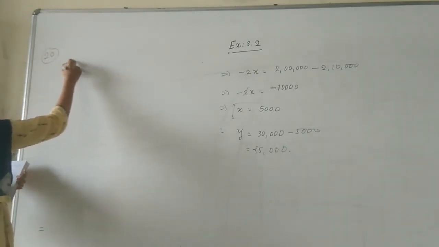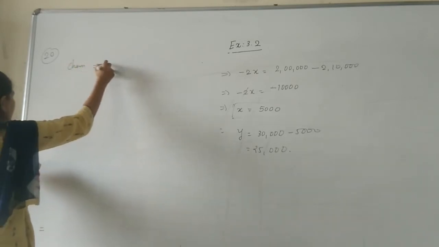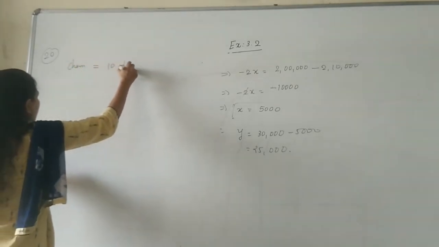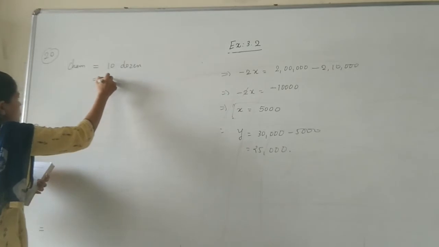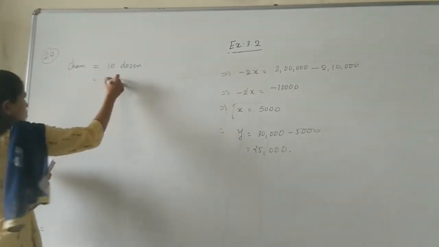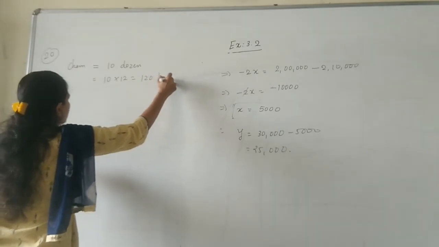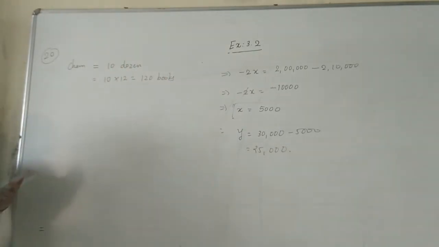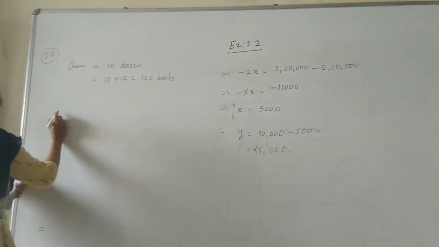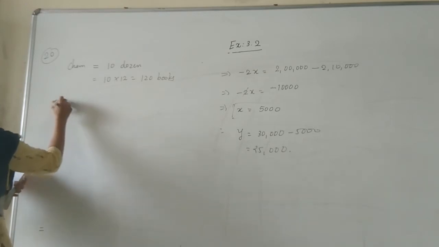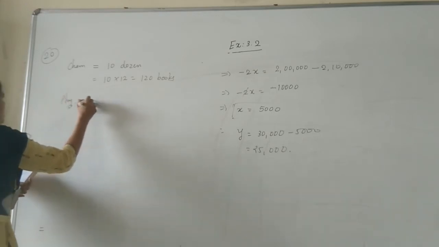There is chemistry. I have written 10 dozen. Now we know the meaning of dozen, students. Dozen means 12. So this is actually 10 into 12, so 120 books of chemistry. Then second is physics. How many physics books?